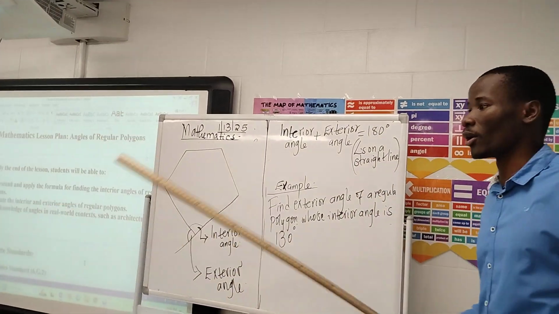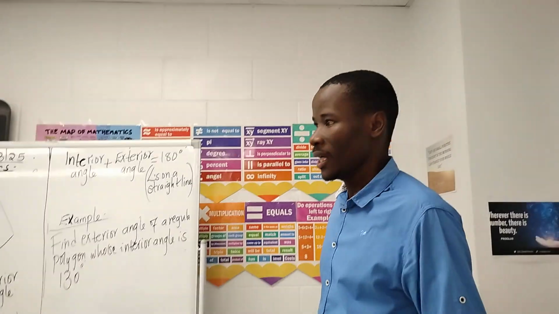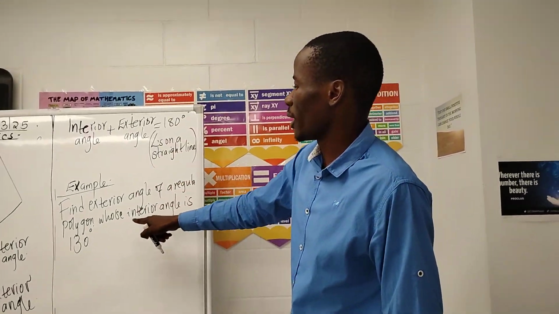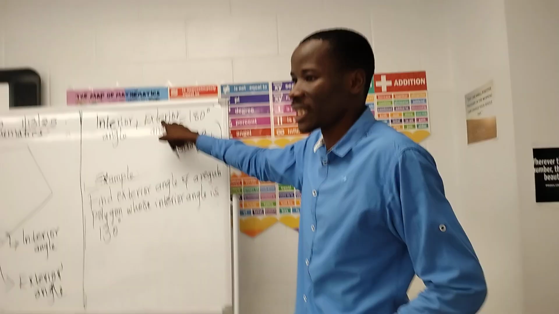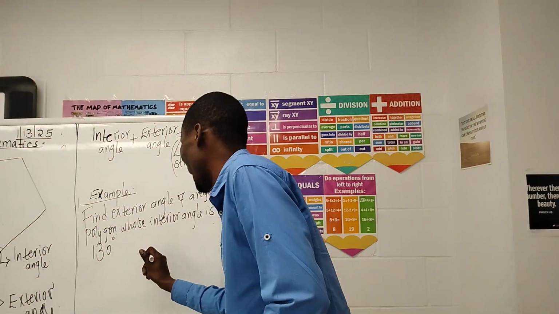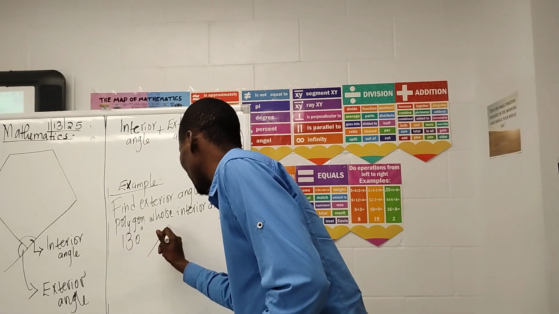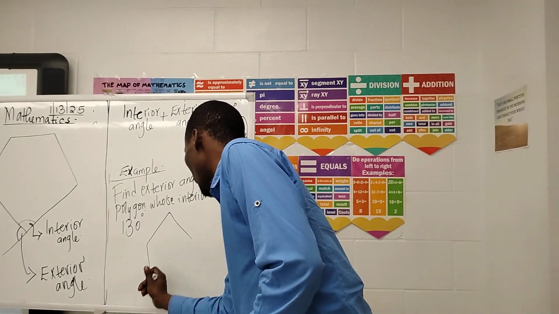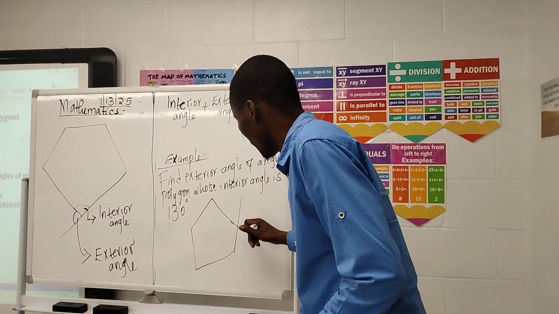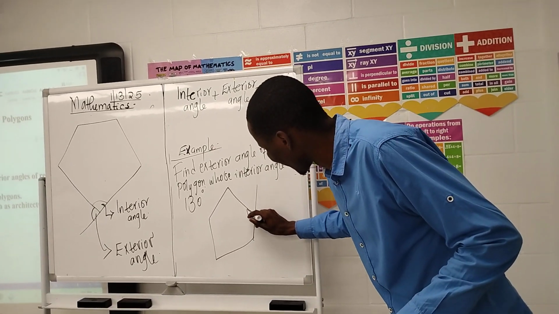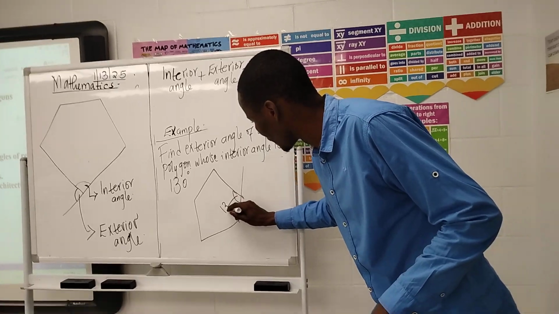Remember, I've already told you this. If you have been given the interior angle and you're missing the exterior angle, you simply draw the sketch. What are you being told? That the interior angle here is 130 degrees.